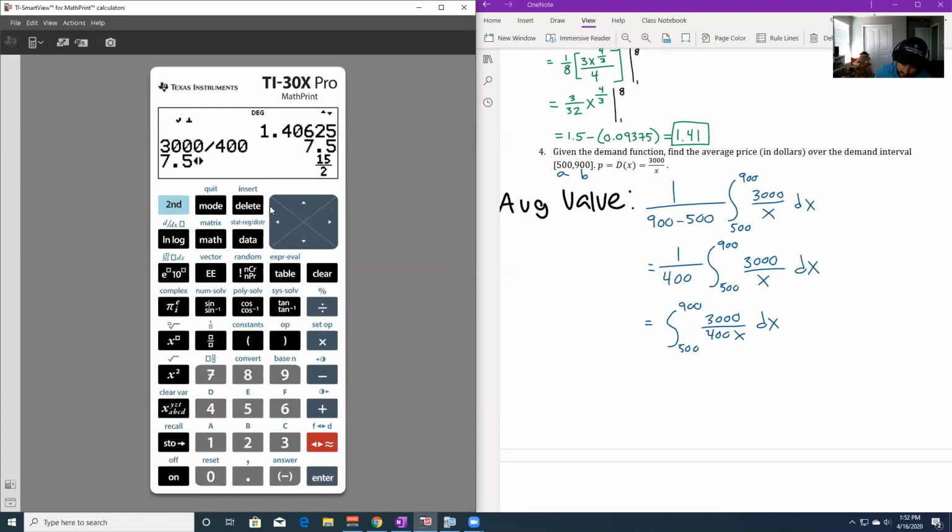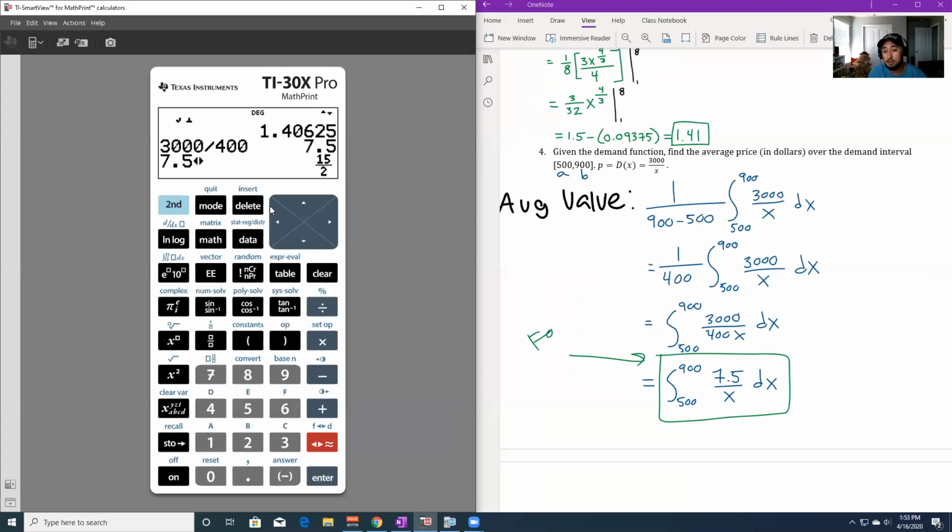It's going to want the integral from 500 to 900 of 7.5 over x dx. This part is my MyMathLab answer when you see this problem.